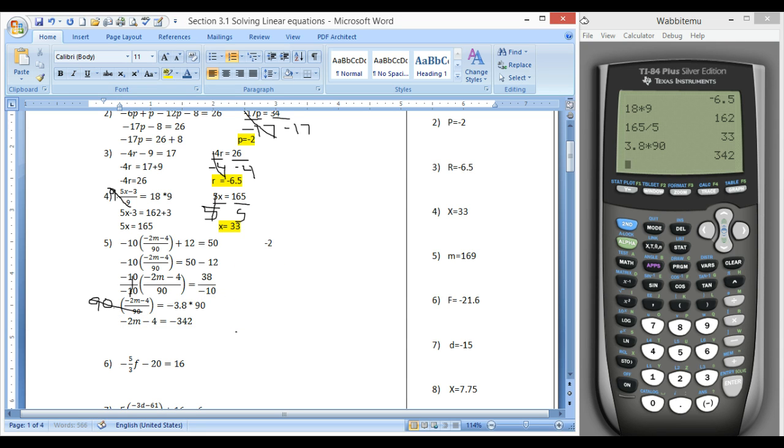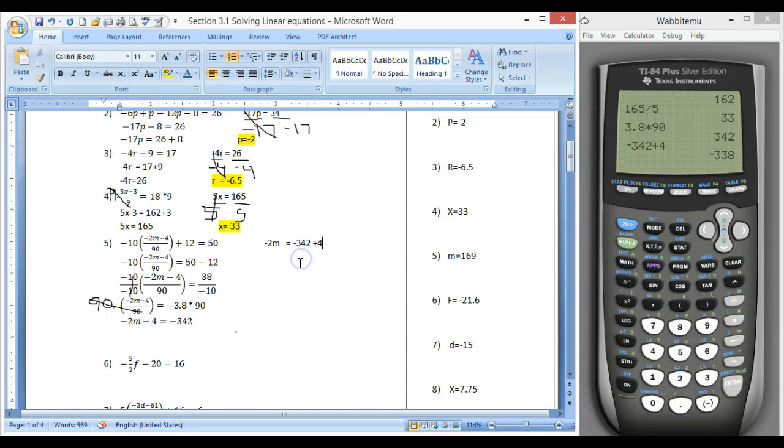So I have negative 2m equals negative 342 plus 4. And over here, I have a positive 342, so I'm going to type in negative 342 plus 4 gives me negative 338.